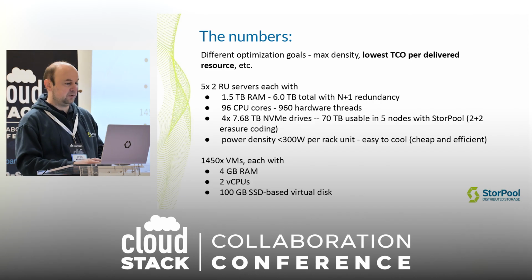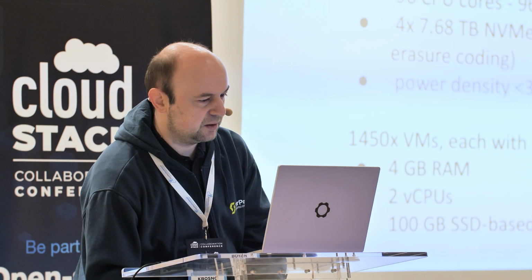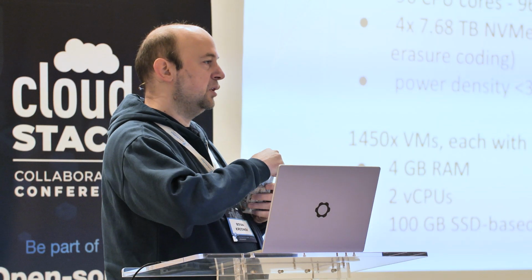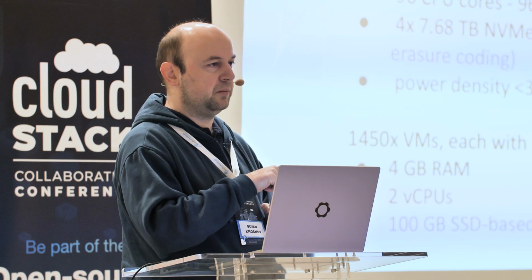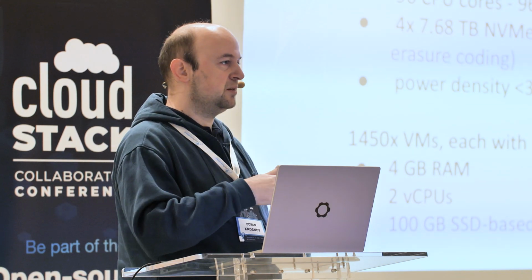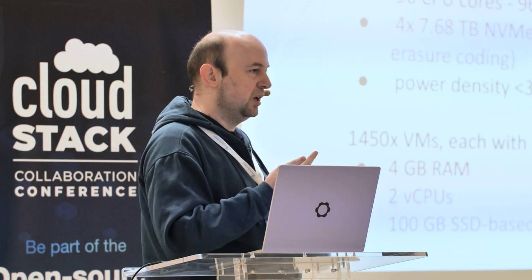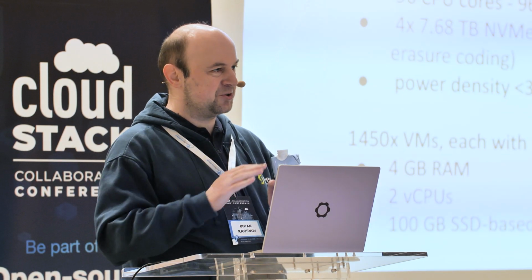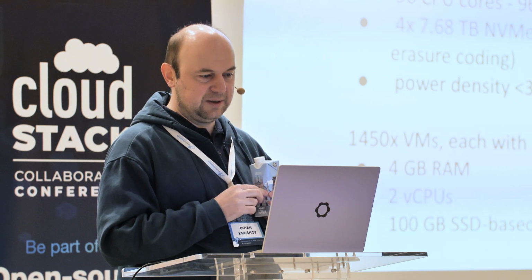For a lot of people, the optimization goal would be something like the lowest total cost of ownership per particular type of VM. It wouldn't be maximum density or the absolutely fastest possible single virtual machine. Those are also valid optimization goals, just the one we've chosen here is lowest TCO per delivered resource.